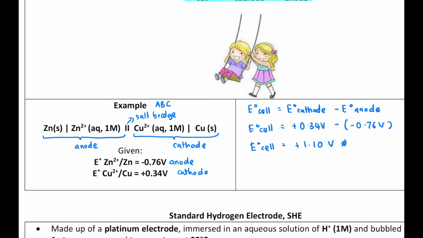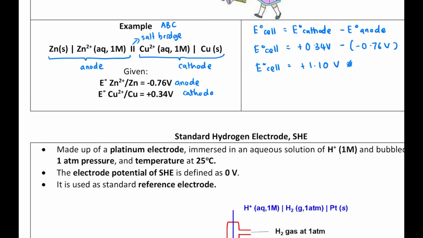So for voltmeter reading, calculation E naught cell kita 2 titik perpuluhan sahajalah. Alright, so kita dah dapat value E naught. Very simple.